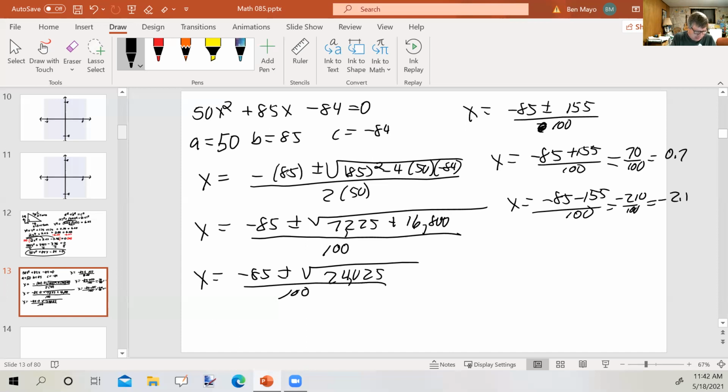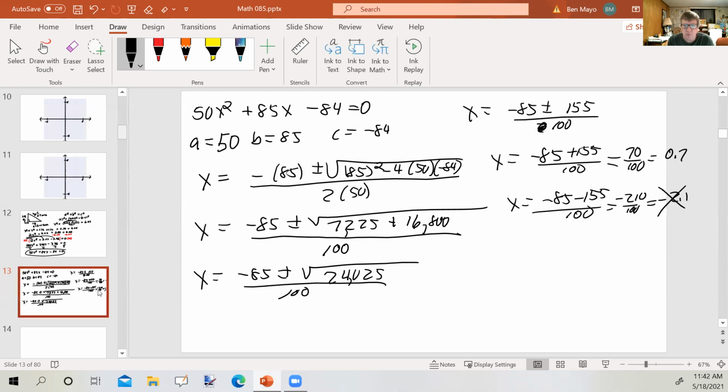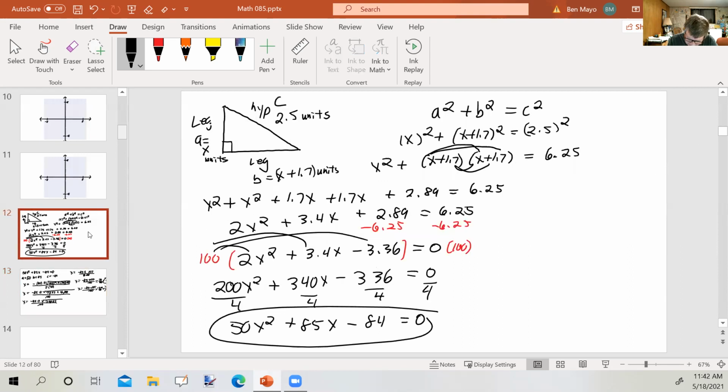Now, this whole thing had to do with lengths of sides of a triangle. So the negative 2.1, even though it's a solution to the equation that we formed, it doesn't fit the actual problem because the distance can't be negative. So x is 0.7. So this would be 0.7 units.